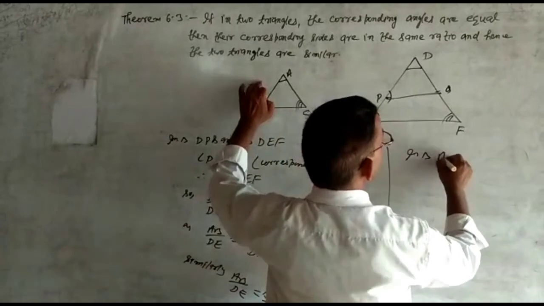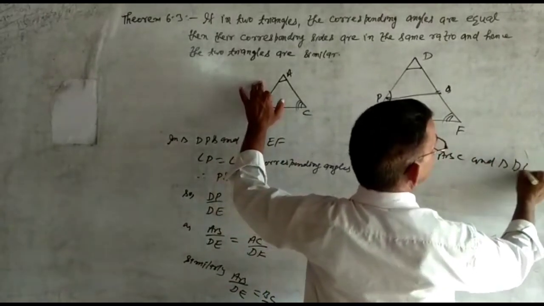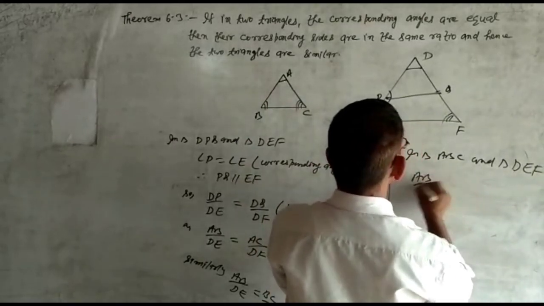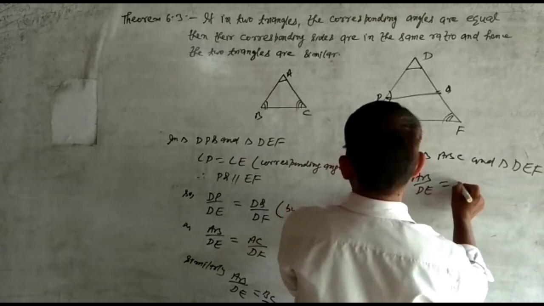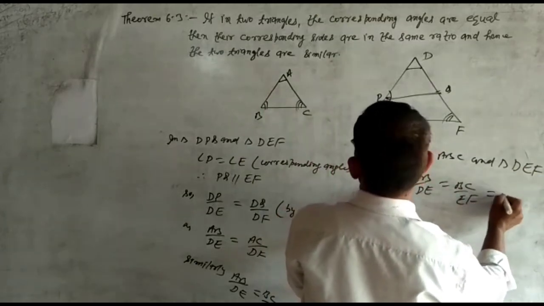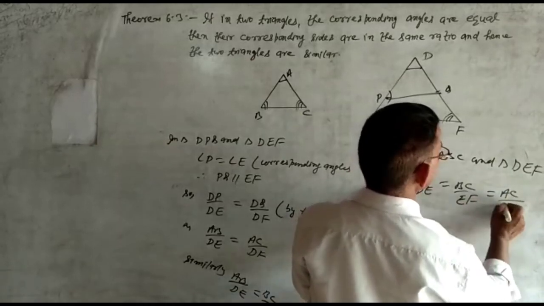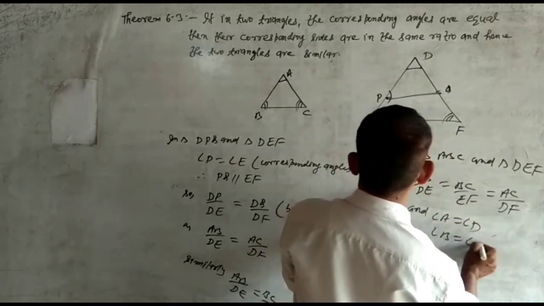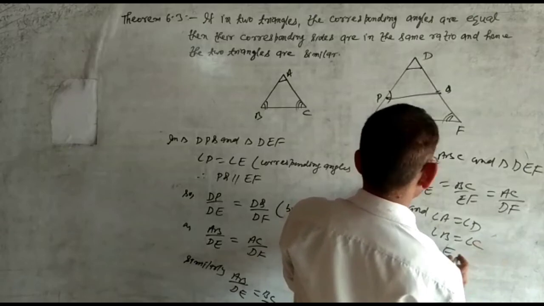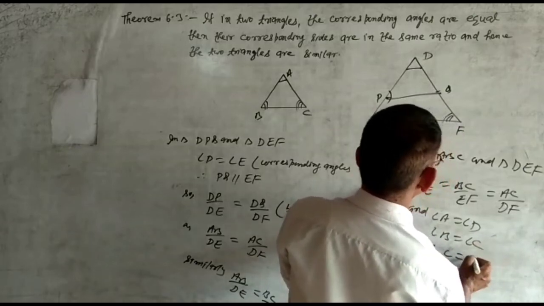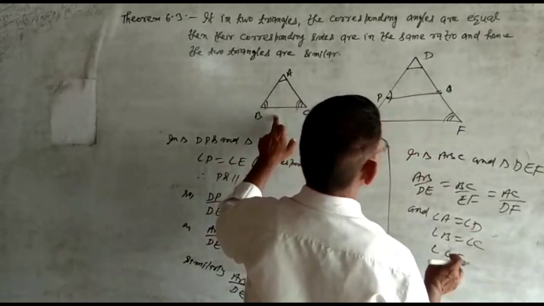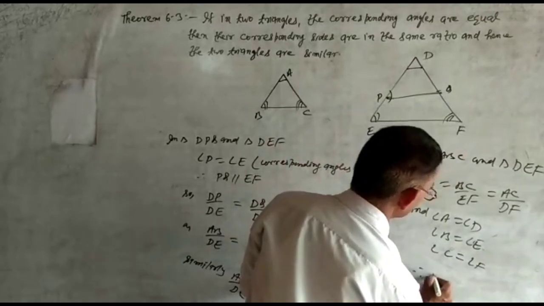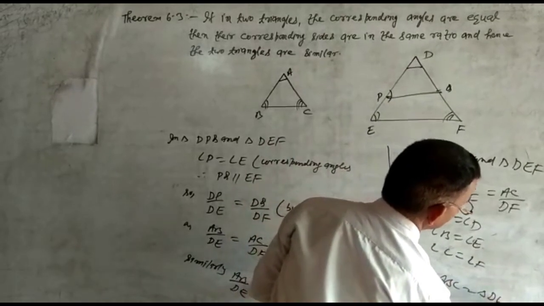In triangle ABC and triangle DEF, AB by DE is equal to BC by EF is equal to AC by DF, and angle A is equal to angle D, angle B is equal to angle E, and angle C is equal to angle F. Hence, triangle ABC is similar to triangle DEF.